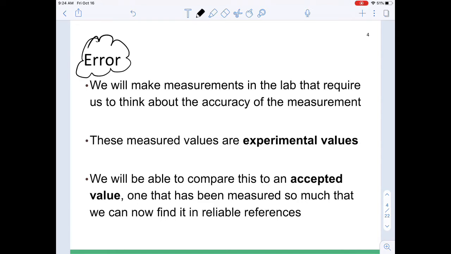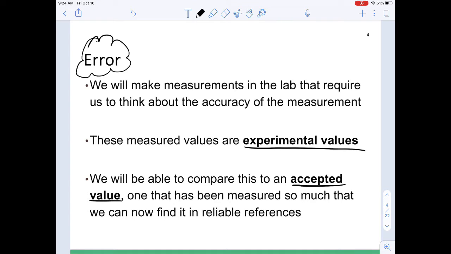Anytime that you measure values or you're doing a lab, they're called experimental values. So you have two calculated densities of metals. Those are your experimental values. We're going to compare those values to the accepted value or the true value of the density of those metals. It's called an accepted value or the true value because it's been measured so many times that now we can find it in reliable sources.